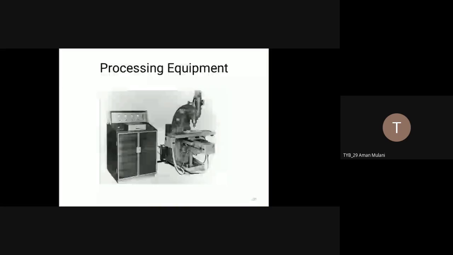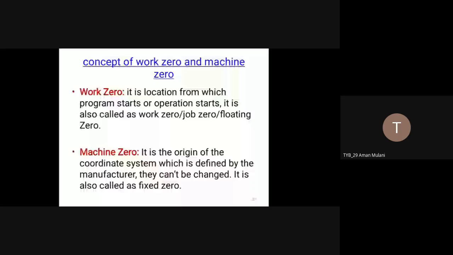Then we have discussed the work zero and machine zero concepts. Okay, so your exact machine coordinate, that is the spindle location, and your exact workpiece location. For those two purposes we define two concepts, work zero and machine zero.